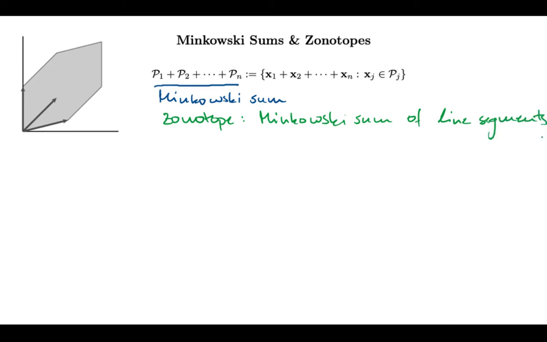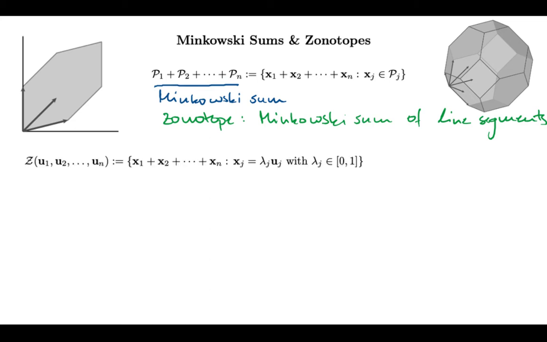If my line segments are formed by linearly independent vectors, then the zonotope that's generated by them is a parallelepiped. And so one way of thinking about a zonotope is as a concept that generalizes the notion of a parallelepiped. On the top right, you can see an example of a zonotope in 3 dimensions.